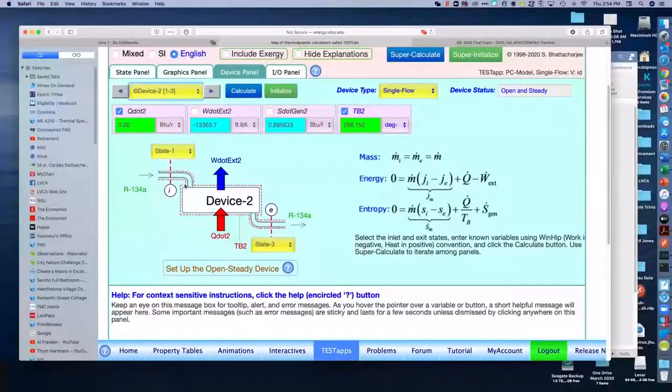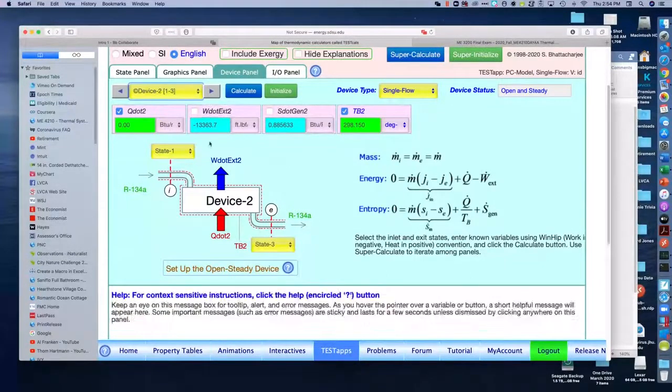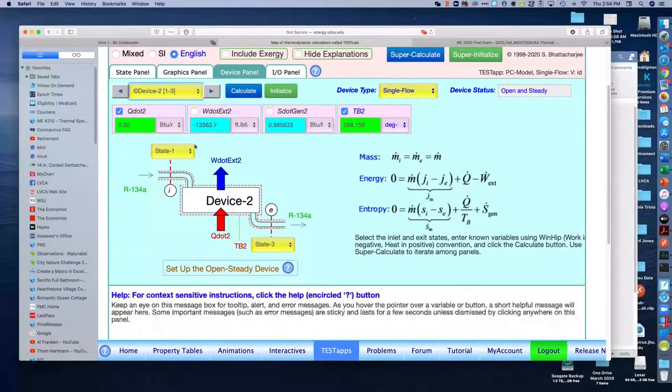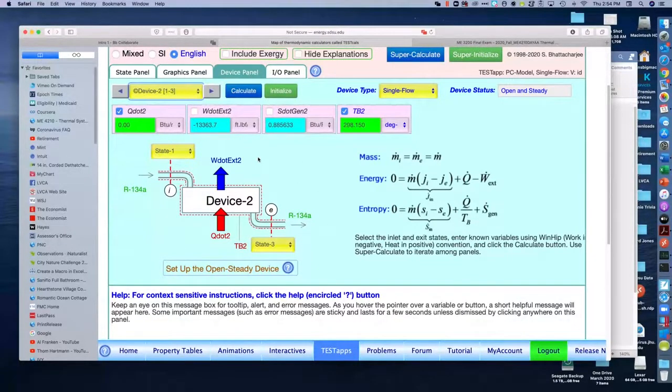And in this particular case, because I specified it was a compression device, we see that it's a negative number, which implies that work is being done on the fluid into the system.